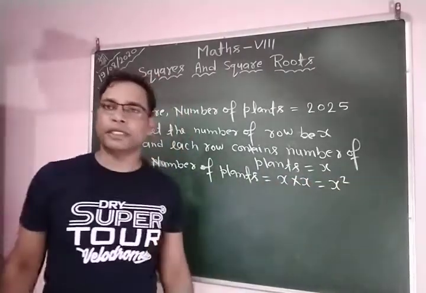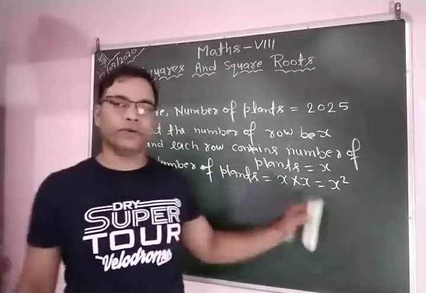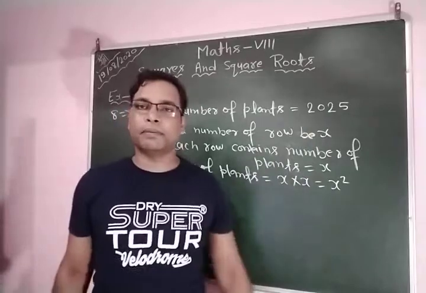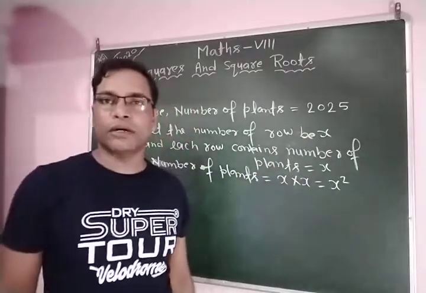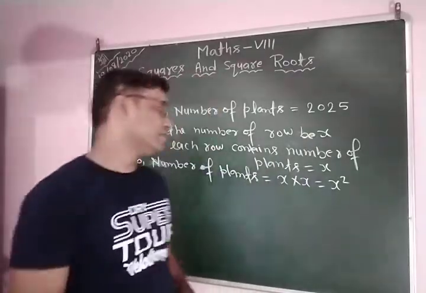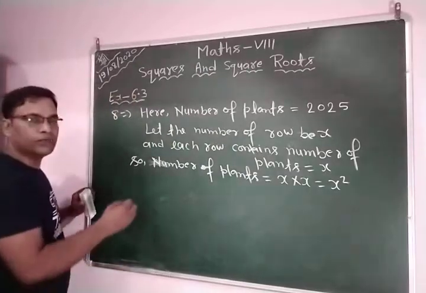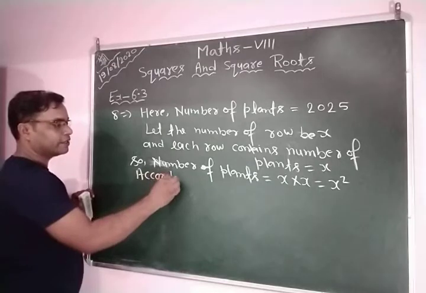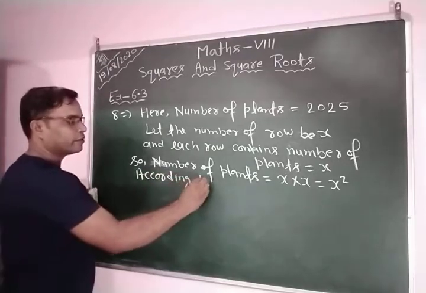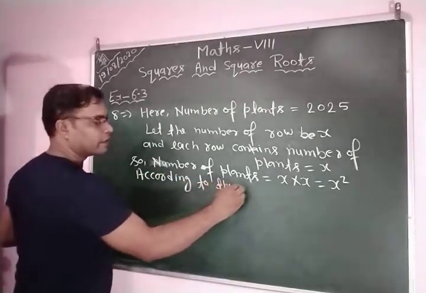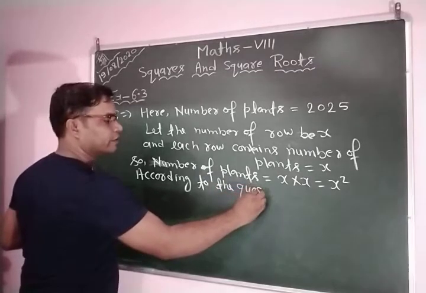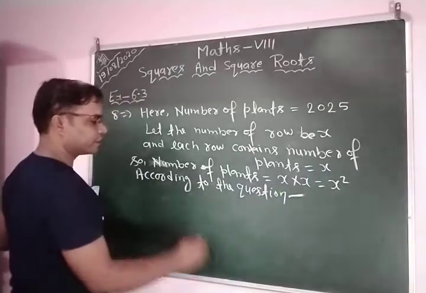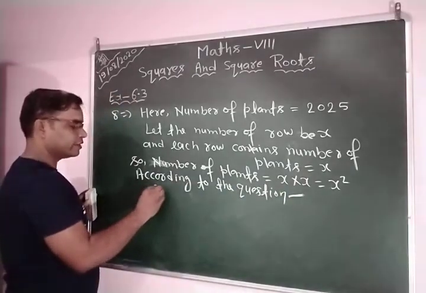The number of plants in the garden is equal to x square, but it is given that the total number of plants in the garden is 2025. So you can write here, according to the question, this is equal to x square.